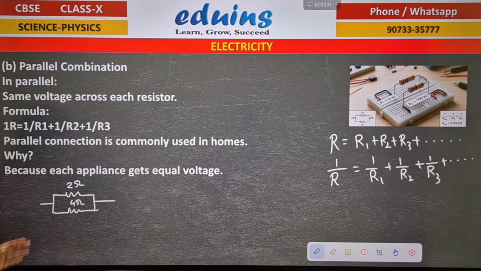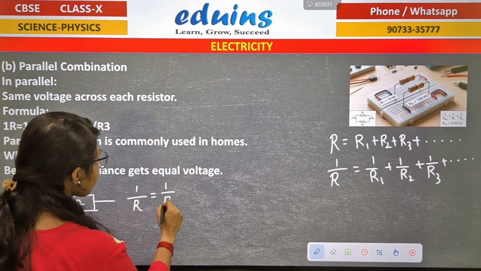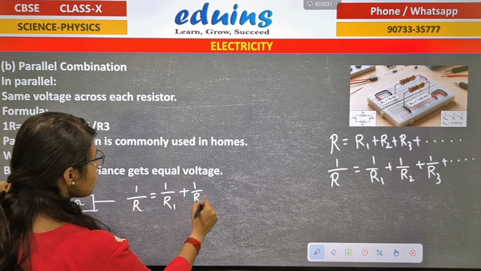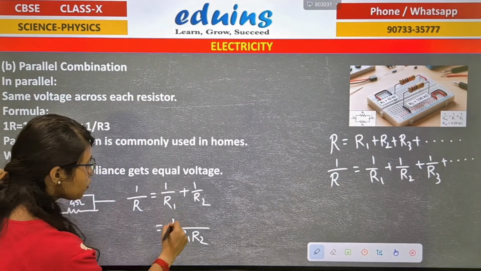That's how we have to determine the combination. Is it parallel or is it series? If the resistances share the same voltage, then they must be in parallel combination. So for this we write 1 by R equal to 1 by R1 plus 1 by R2.